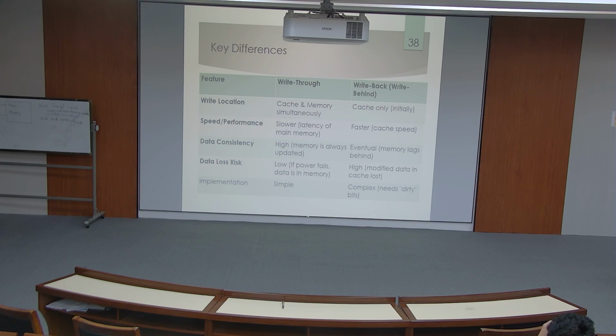Now, these are the key differences between write through and write back. For the write location, in write through the cache memory and main memory are updated at the same time. In write back, only the cache memory is up to date, then the main memory will be updated when the block is about to be replaced.